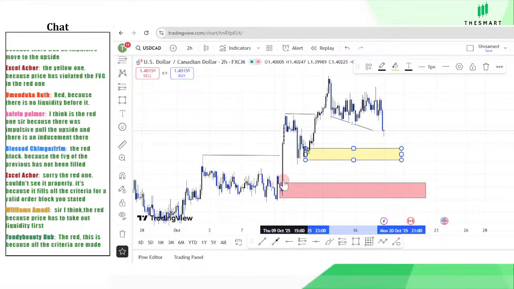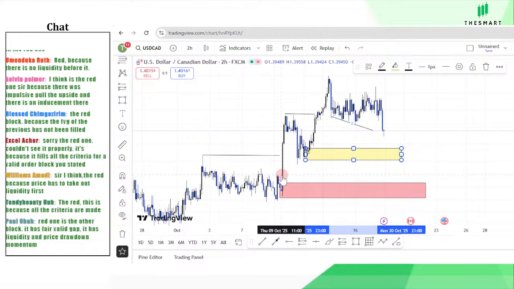So if you have this order block, I think Paul has already stated it out. You see the momentum from this point and this to the upside. People are not answering now that I'm not explaining.